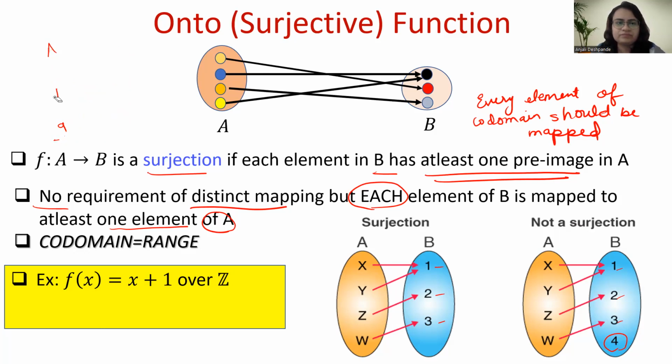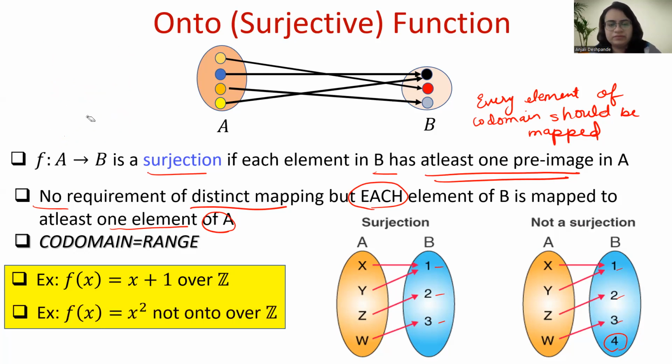What about the next example? f of x equal to x square. Is it an onto function? We just saw it previously. Are all elements in the set B mapped to some element in A? No. Why? Because there are various integers that are not perfect squares. Let's say 2, 5, 7, -12, -13, and so on.